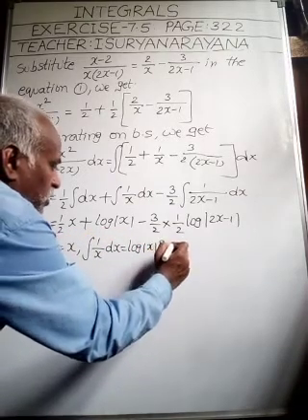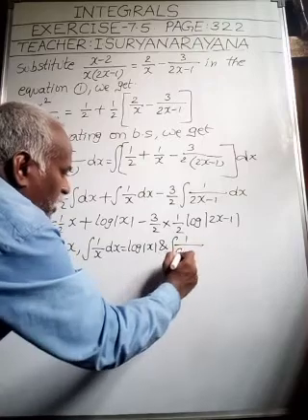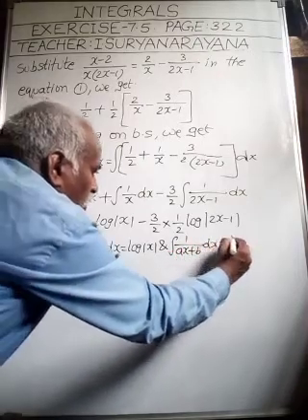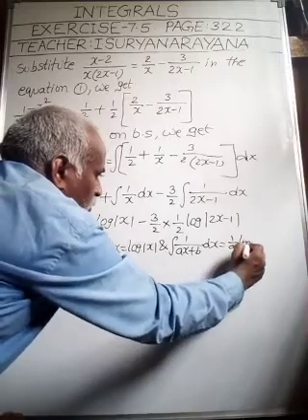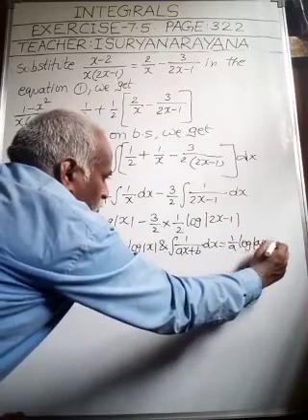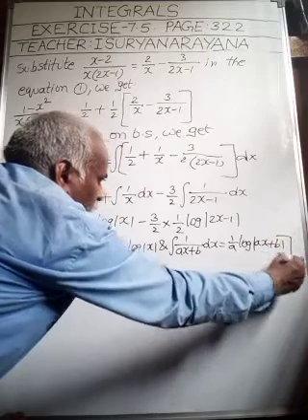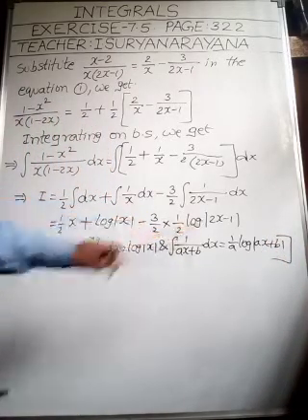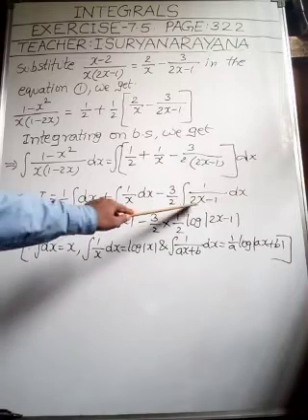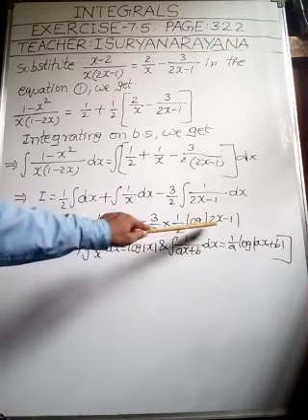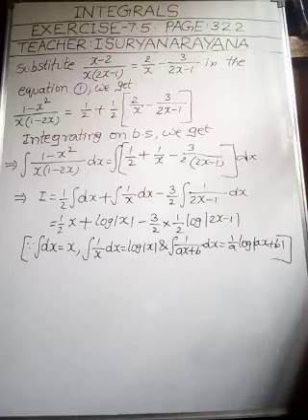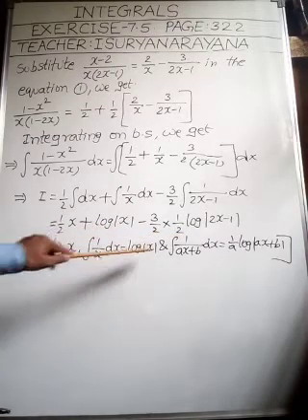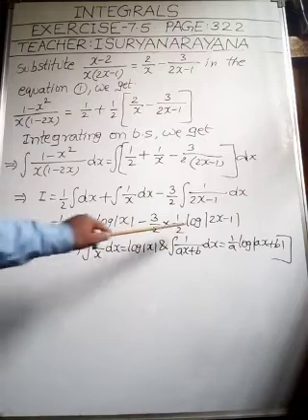And integral 1 by ax plus b dx is equal to 1 by a log mod ax plus b. This third formula is used for this third term, where a is equal to 2. So 1 by 2 log mod 2x minus 1. Understood this step, my children? By using these three integral formulae, we got this step.